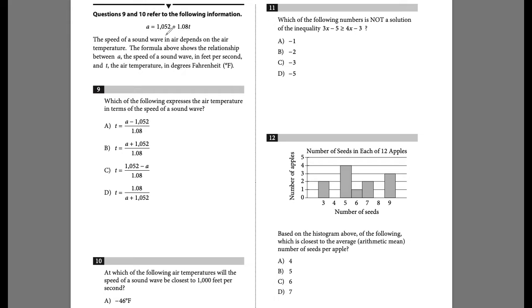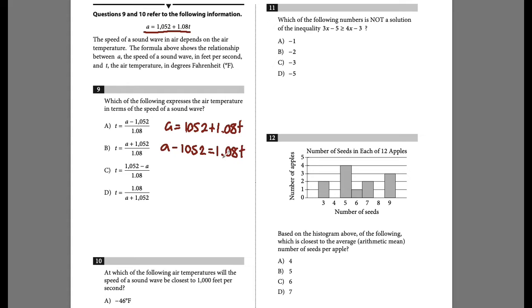What we're going to do for number 9 is start off with the equation provided above, and then we're going to solve for T. We're starting off with A equals 1052 plus 1.08t. And our goal is to get T by itself. First, we need to subtract 1052 on each side, and we're going to get A minus 1052 equals 1.08t.